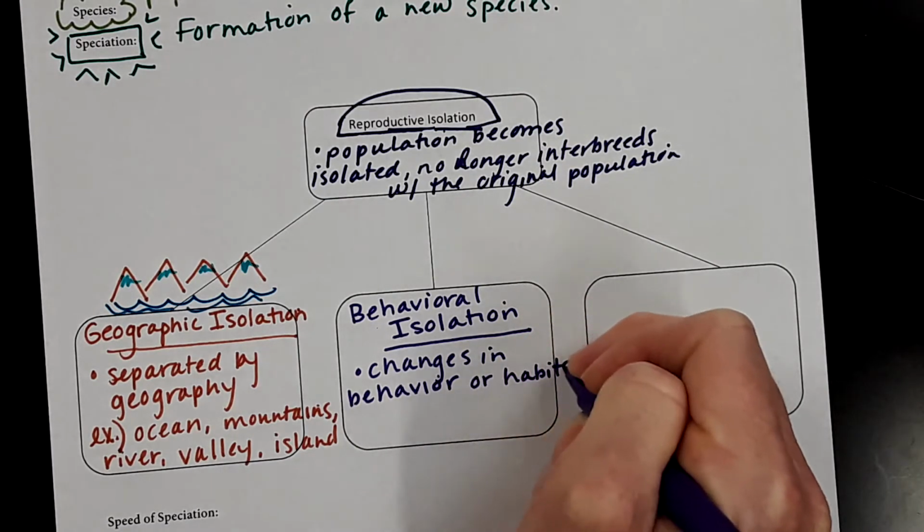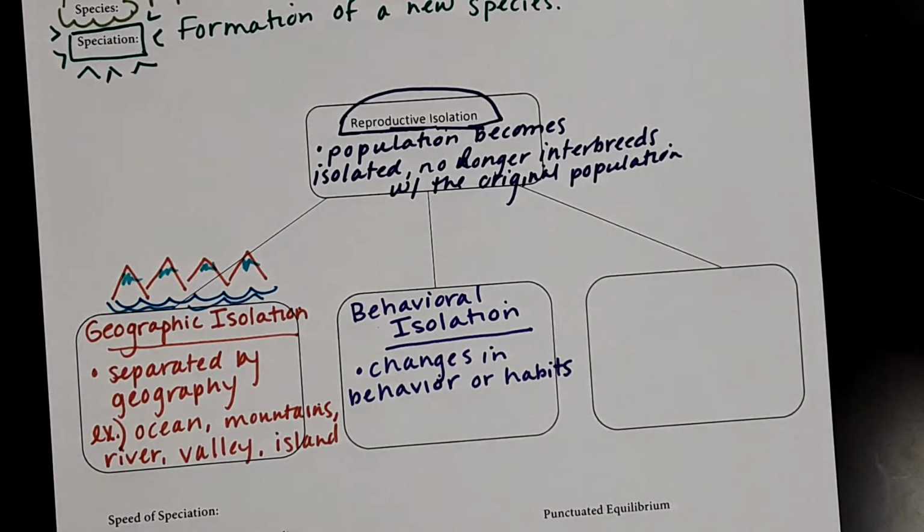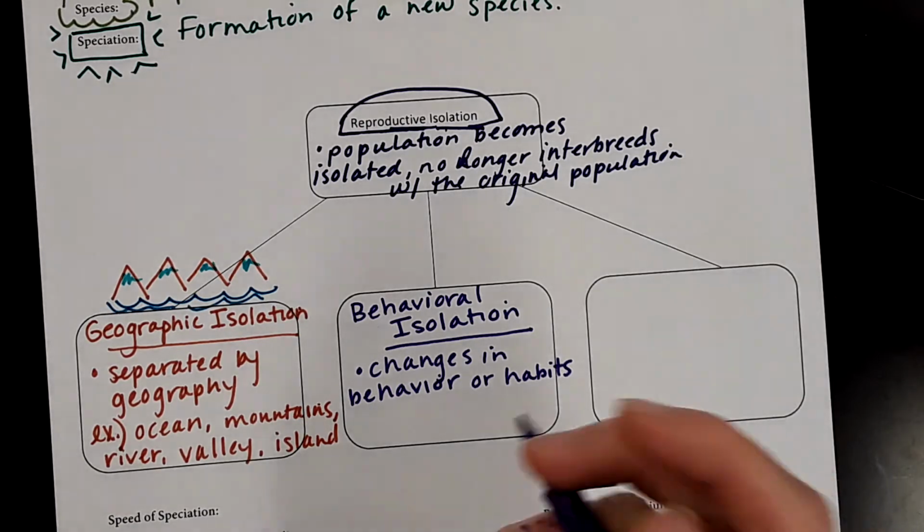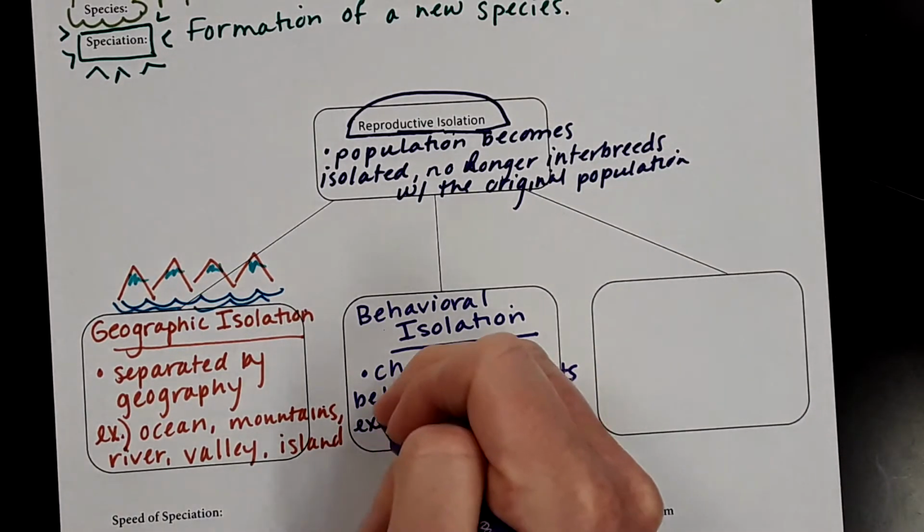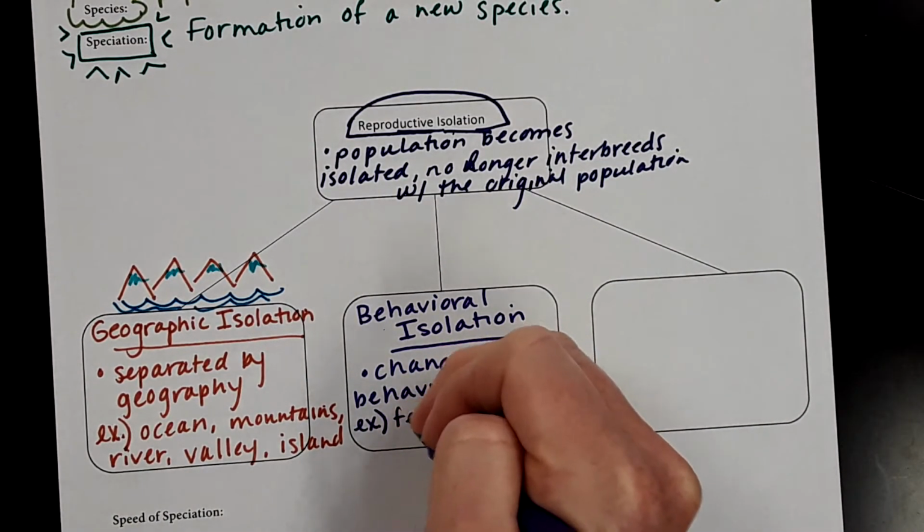It's kind of like you're more likely to meet and mate with someone that does the kind of things that you do or is in the places that you are. So, for example, what are your feeding locations?